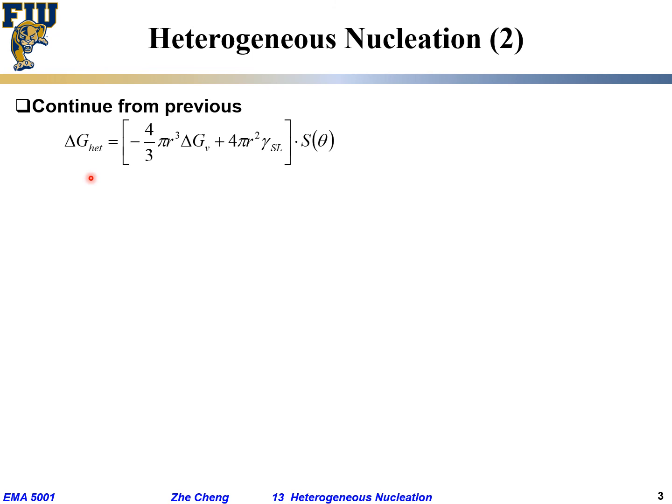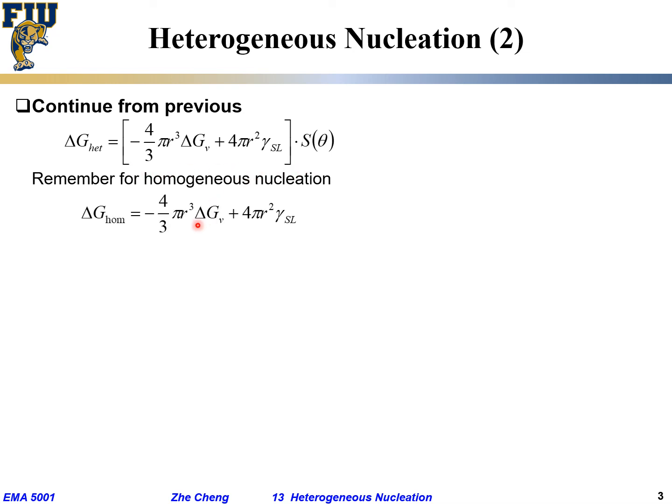So that's what we have. Heterogeneous is the square bracket times S of theta, and S of theta only depends on theta. Remember, that whole square bracket is just our homogeneous nucleation energy, the free energy change for the homogeneous case.